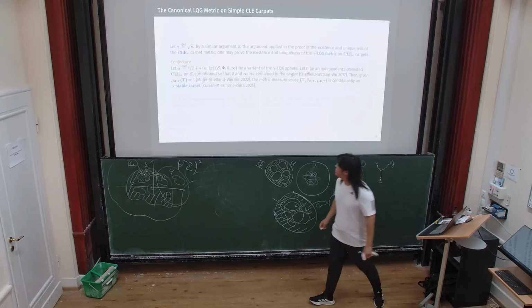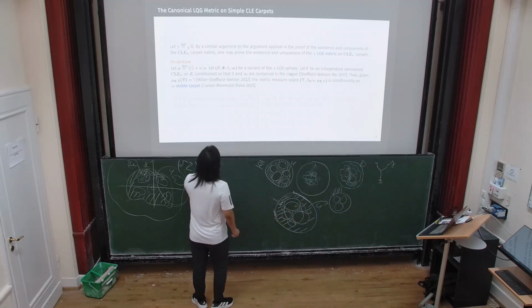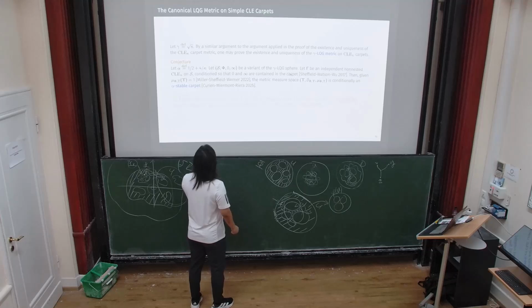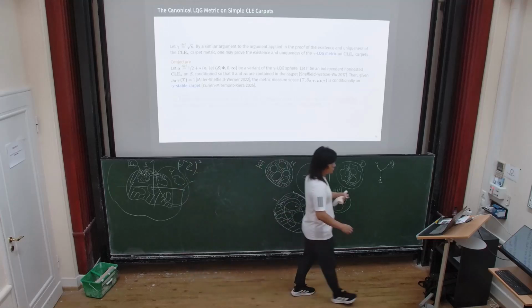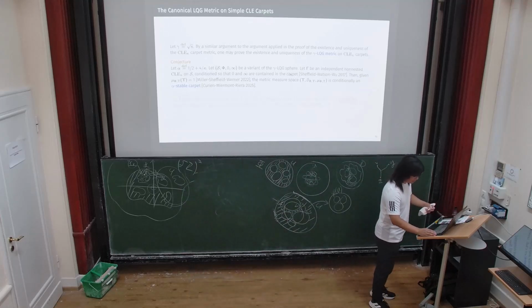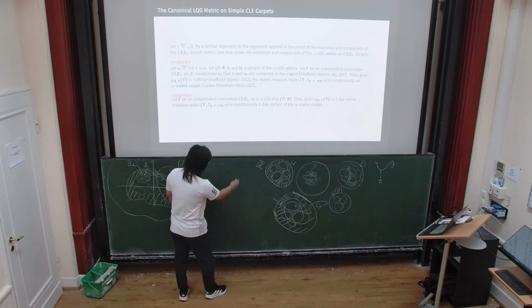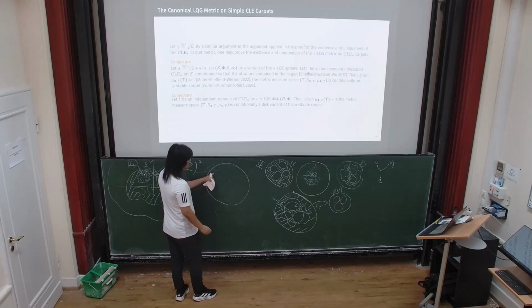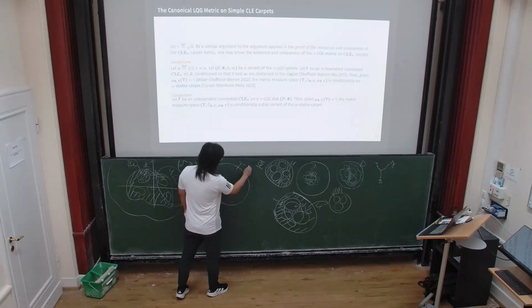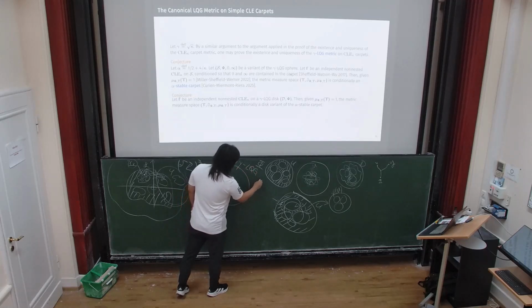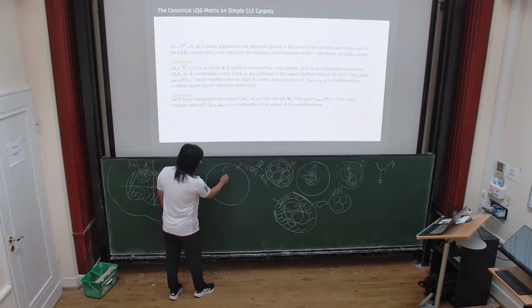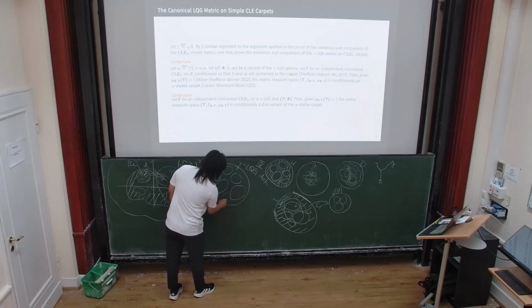And maybe let me just state. There's a sphere version and a disk version of this conjecture. Let me just say the disk version is simpler. So first we sample a gamma quantum gravity disk, and then we sample an independent CLE on this disk.